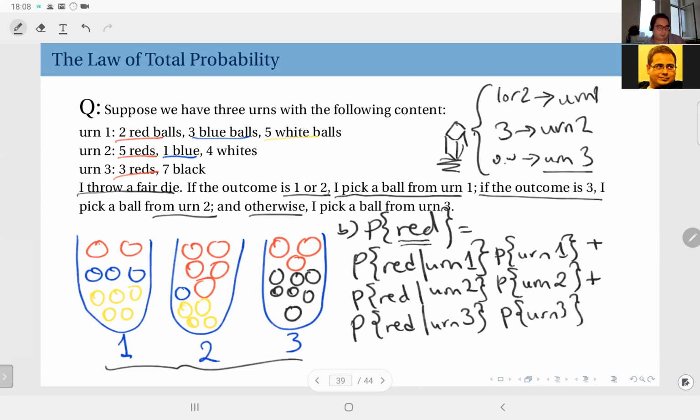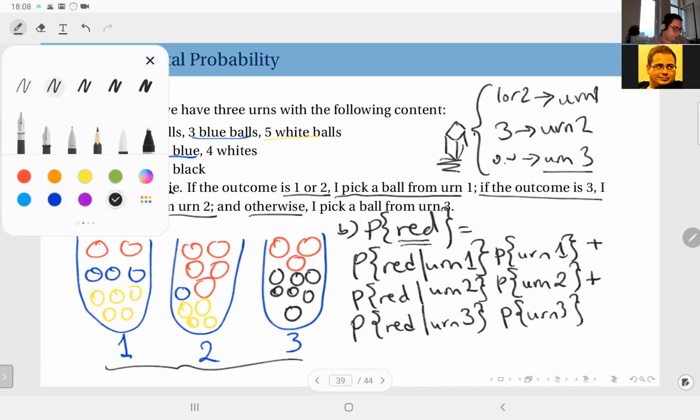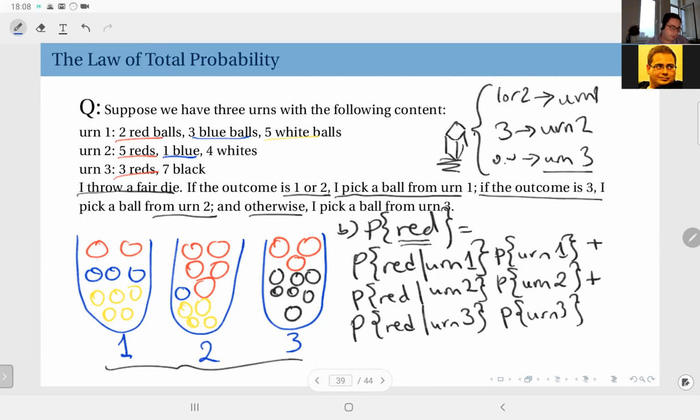Well, I could have written here the outcome, let me use another color. Instead of urn 1, I could have written 1, 2, and instead of urn 2, I could have written 3, and here I could have written 4, 5, 6, considering the sample space of the die, because these are equivalent events. When the outcome is 1 or 2, I will pick urn number 1.